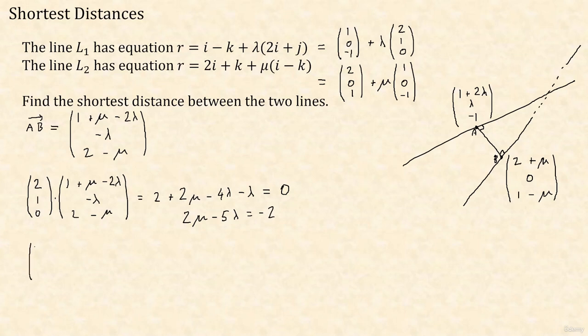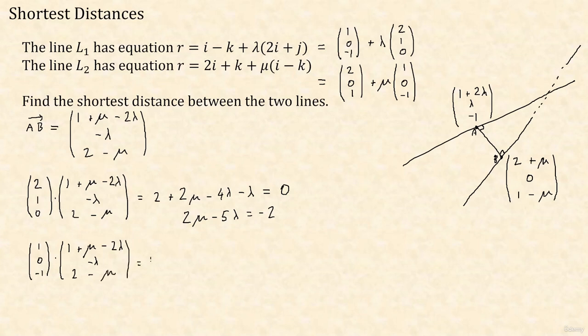Okay, if I now do the same thing for L2, I'll take the direction of L2, which is 1, 0, minus 1, dot it with AB, so 1 plus mu minus 2 lambda, and minus lambda here, and then 2 minus mu here.